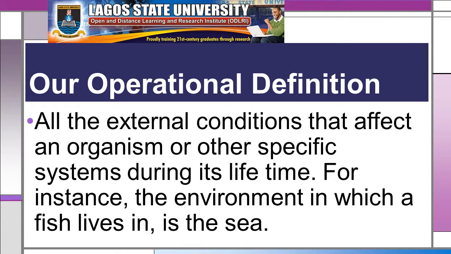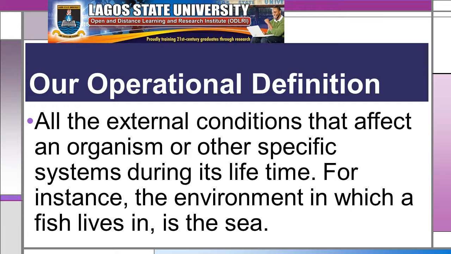So it's time for you and I to come to a conclusion. What have we tried to do? What we have tried to do is to have an operational definition. Operational definition implies here that this is our agreement on how we want to define environment in this lesson.